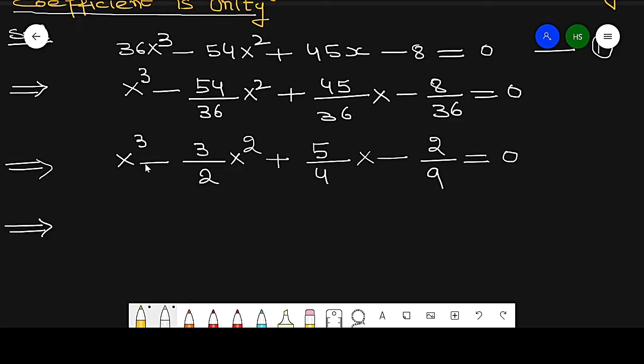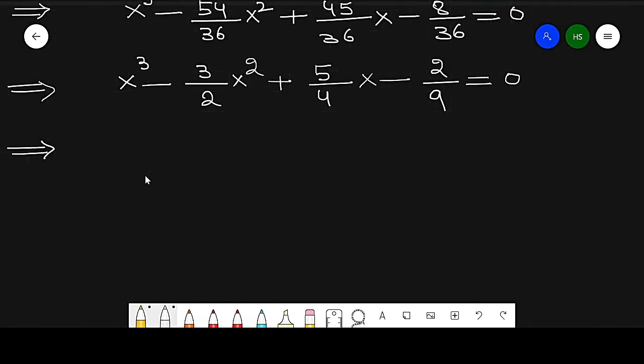Now my purpose is to make these coefficients integers. We see that these terms contain the prime numbers 2 and 3.